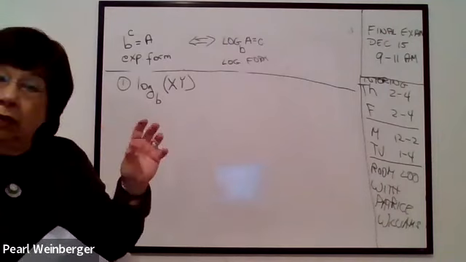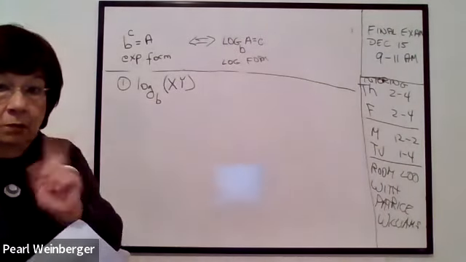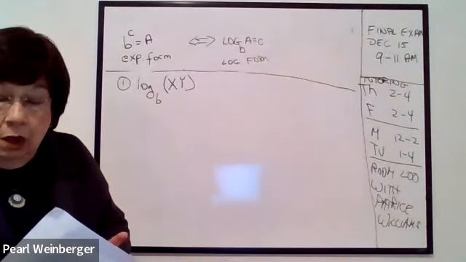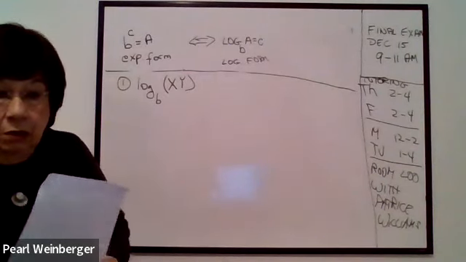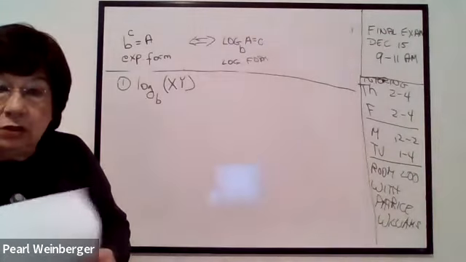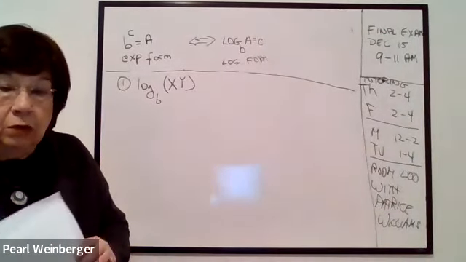Usually you think, oh, I should just take the log of x and multiply it by the log of y. But it doesn't work that way. Why? Because these are not algebraic functions. These are what we call transcendental functions. They don't work like regular algebra.